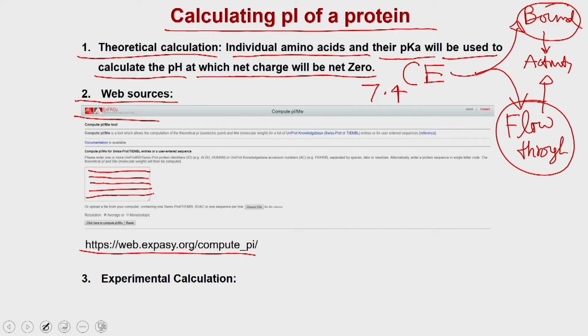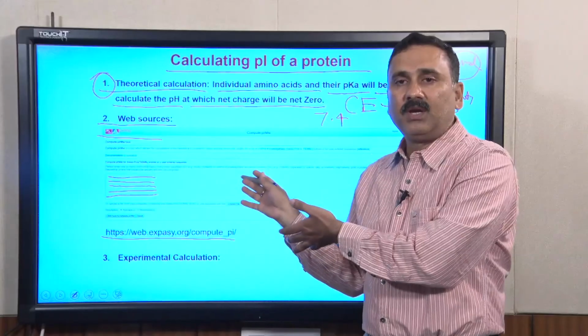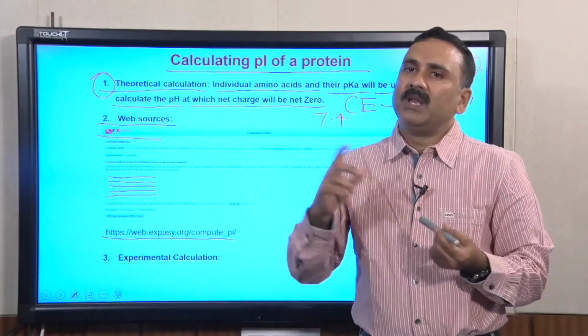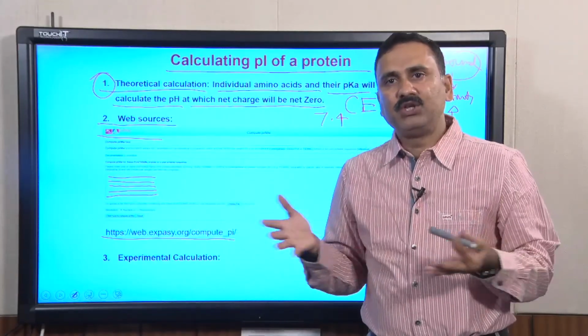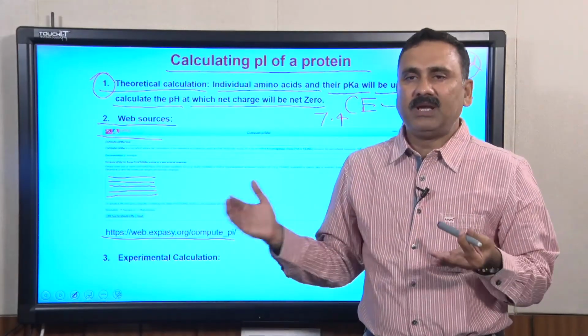As soon as you click this button, it will give you the pI values. The Expasy web source is doing the same thing. It is taking the pK values of the individual amino acids in the sequence you have put, and it is calculating, making the average, and calculating the pI values.